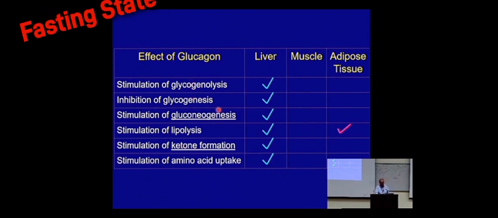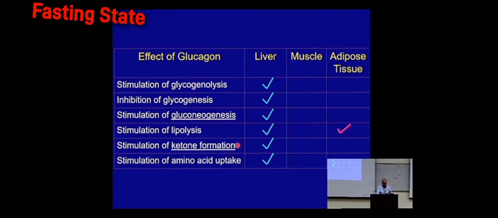So here's a summary of the effects of glucagon. Pretty straightforward. Without going through all of them, here's mainly effects on the liver. Activation of glycogenolysis, inhibition of glycogenesis, activation of gluconeogenesis. This one here, note, no effects on muscle. Really, no effects on adipose tissue.